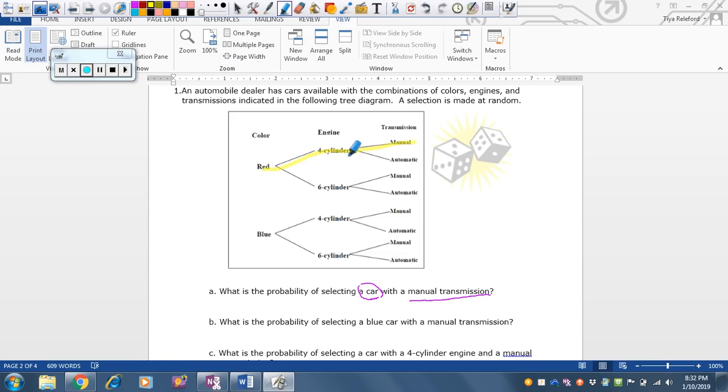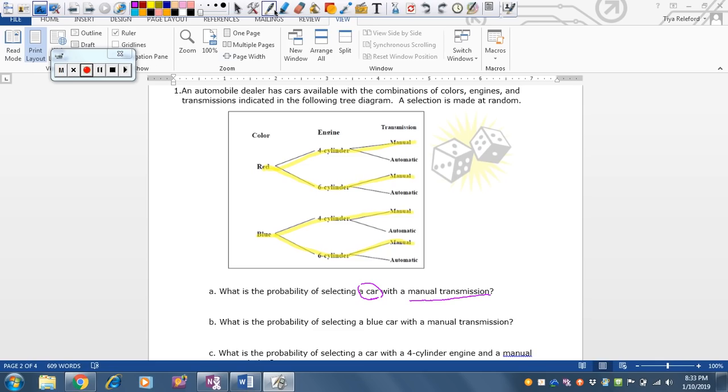A red car with a 4-cylinder and a manual transmission. Or I could get a red car with a 6-cylinder and a manual transmission. Or a blue car with a 4-cylinder and a manual transmission. Or a blue car with a 6-cylinder and a manual transmission.